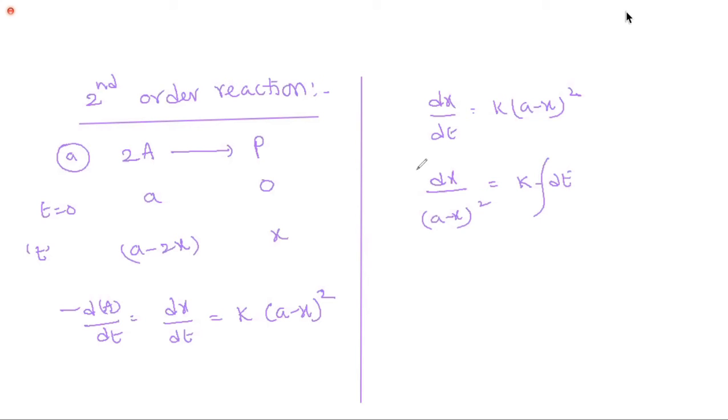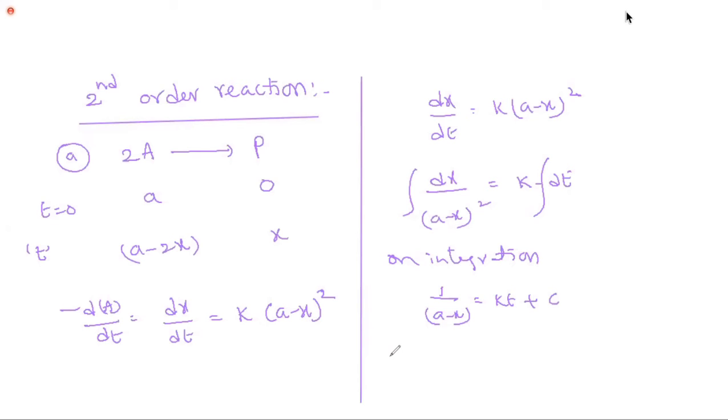We don't have this derivation in our portion, just zero order and first order. On integration, directly you can write the equation: 1 by a minus x is equal to kt plus c.